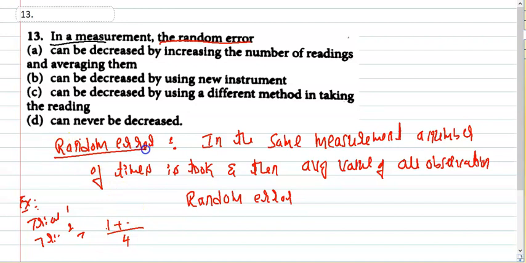That is the random error. It can be decreased by increasing the number of readings and averaging them. This is correct.